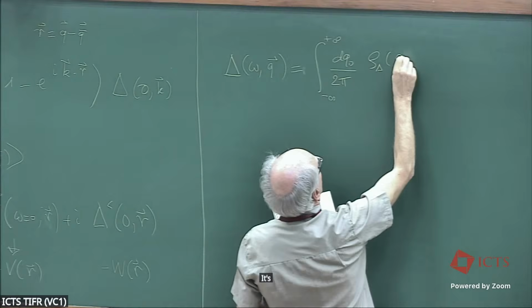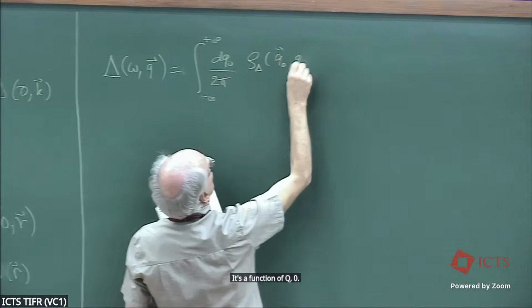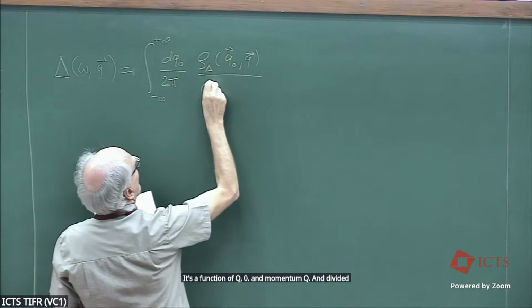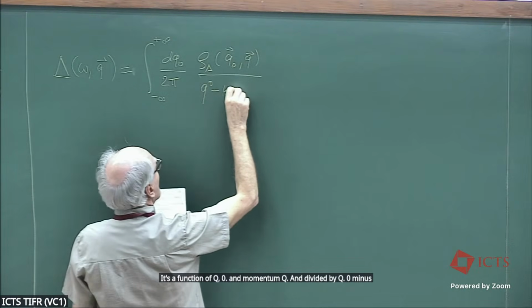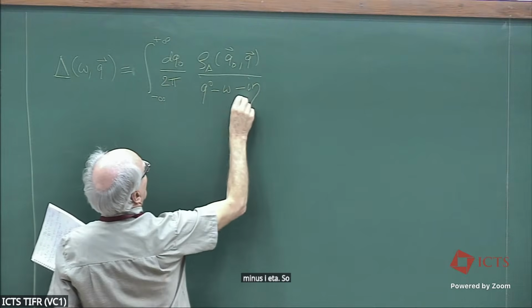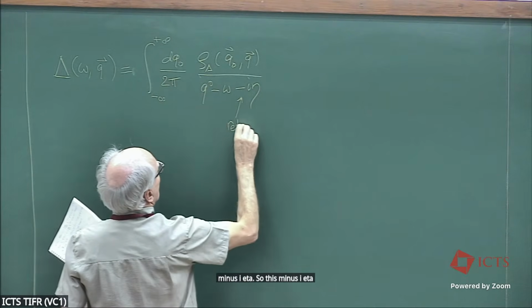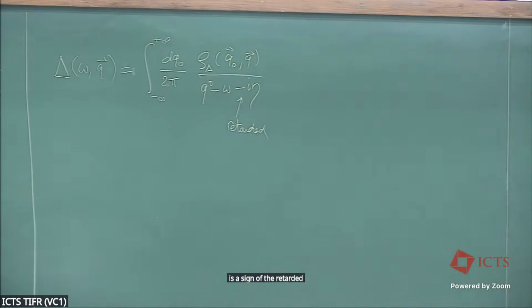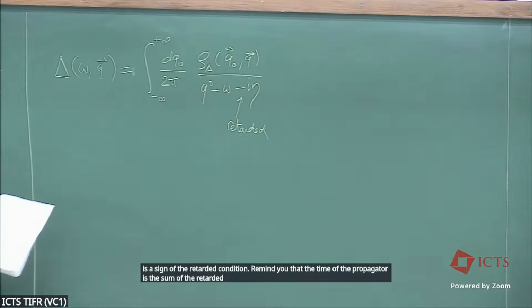It's a function of Q0 and momentum q, and divided by q0 minus omega minus I eta. So this minus I eta here is a sign of the retarded condition. Remind you that the time ordered propagator is a sum of the retarded propagator. So this is how it looks like.